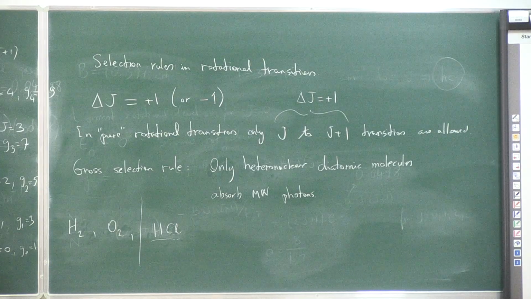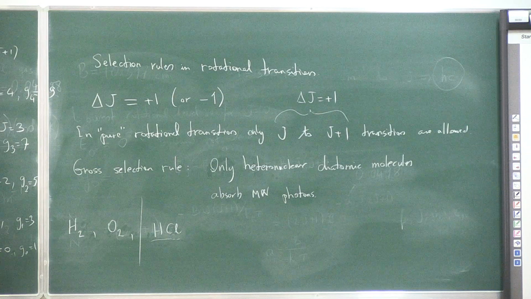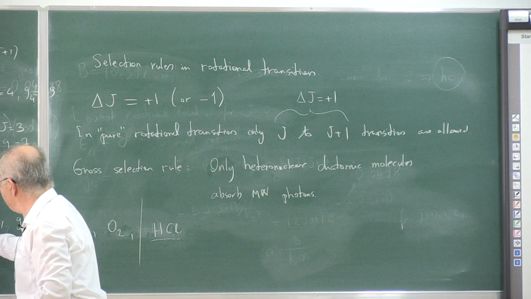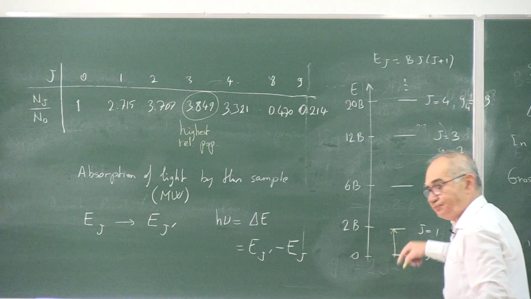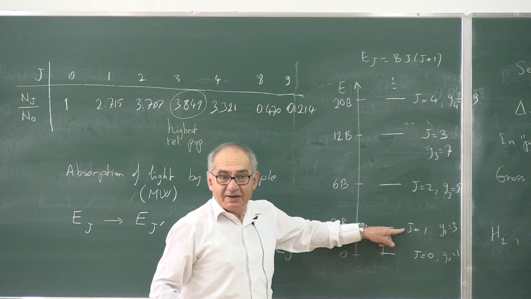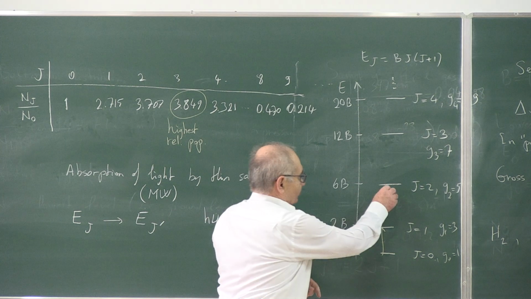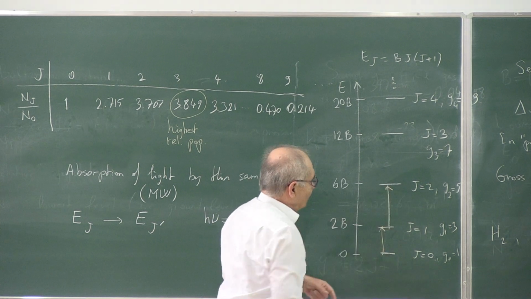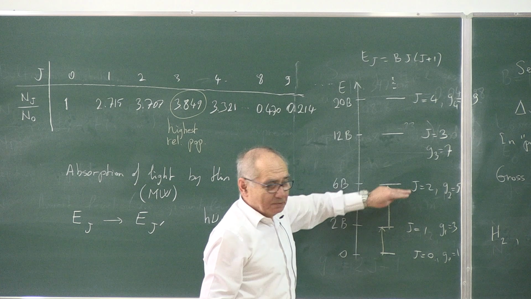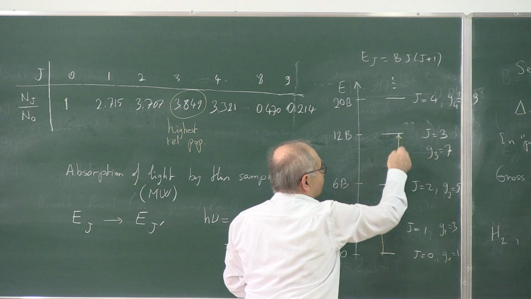The molecules in the ground level can make a transition only to J equals 1 level. So graphically, we can show it like this. The molecules in the J equals 1 level can make a transition to only the next level. Those molecules in J equals 2 level can make a transition to the J equals 3 level, and so on.